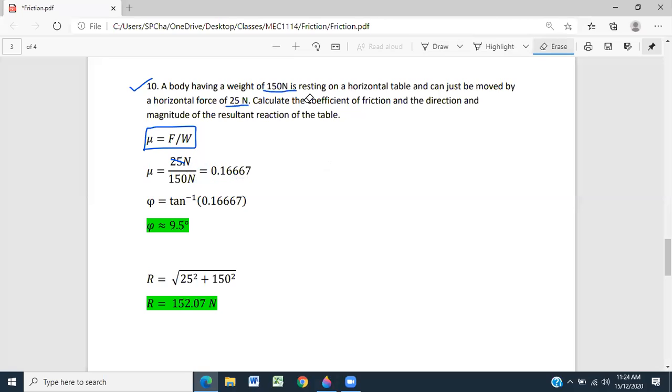Now, calculate the direction and magnitude of the resultant reaction of the table. Remember, for the force triangle, you can have a look back at number 1.